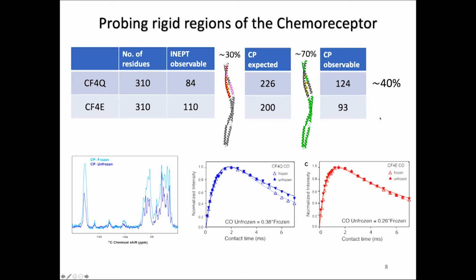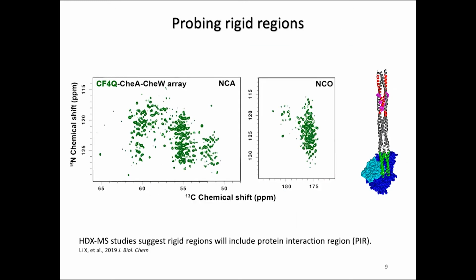In one way, it is a challenge that we are not able to see a significant part of our receptor, but in the other way, it is an opportunity to understand much more about the CP observable region, and we believe that this would give us better peaks and better resolution because we have a really long receptor. So we did some double CP experiments to probe where these rigid regions are coming from.